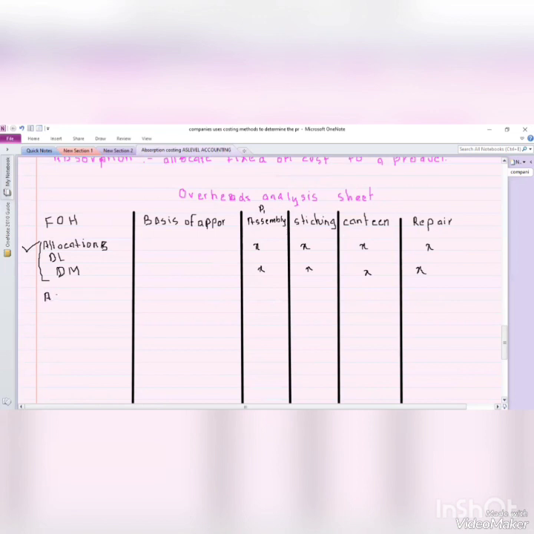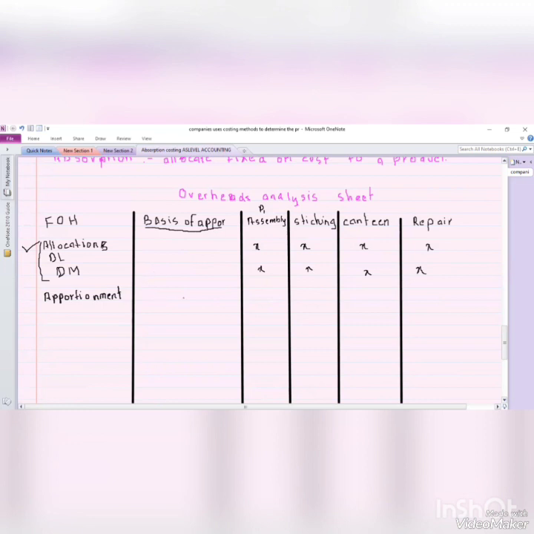What we are going to do is take out some common costs and spread those common costs between the different departments on a fair basis. That is why I put one line for basis of apportionment. This is the basis which we are going to discuss.